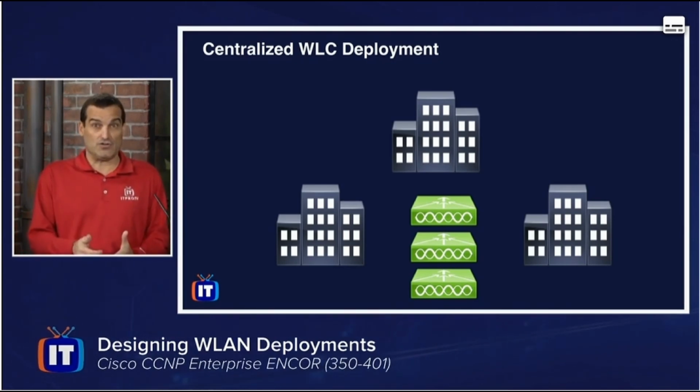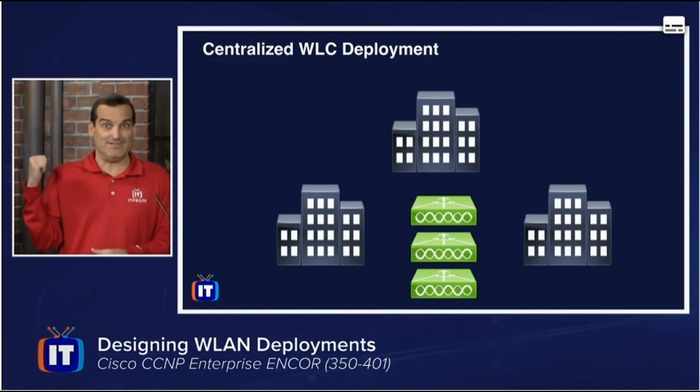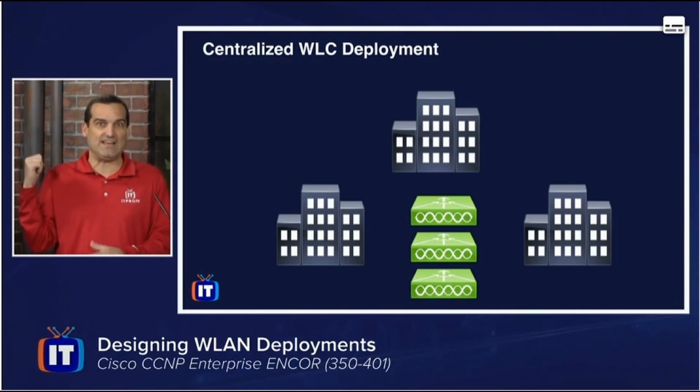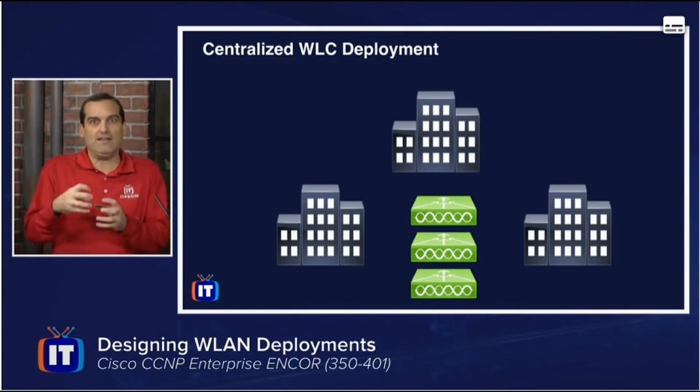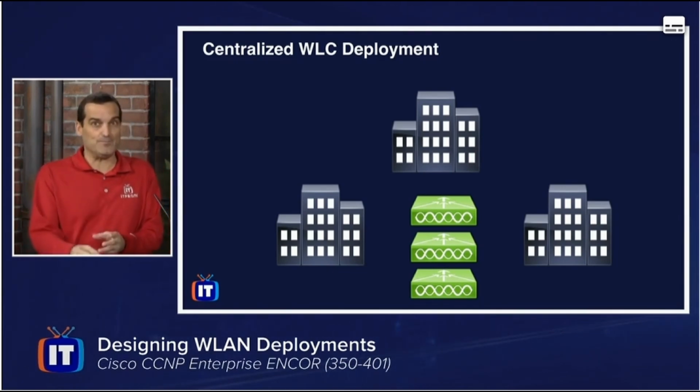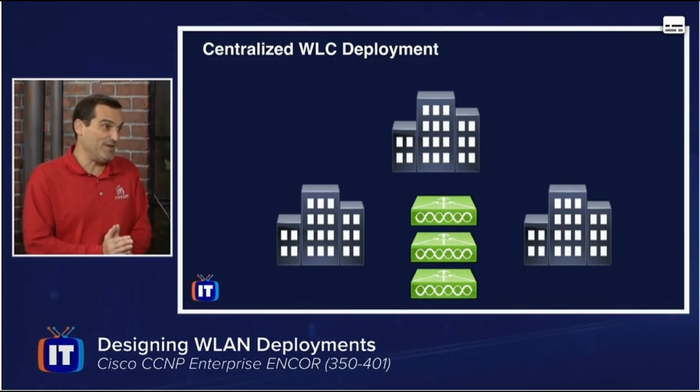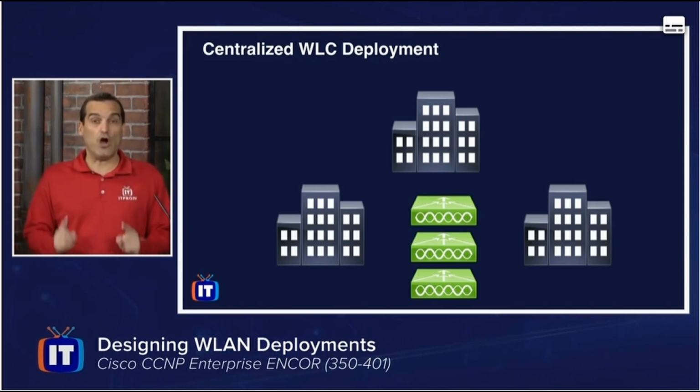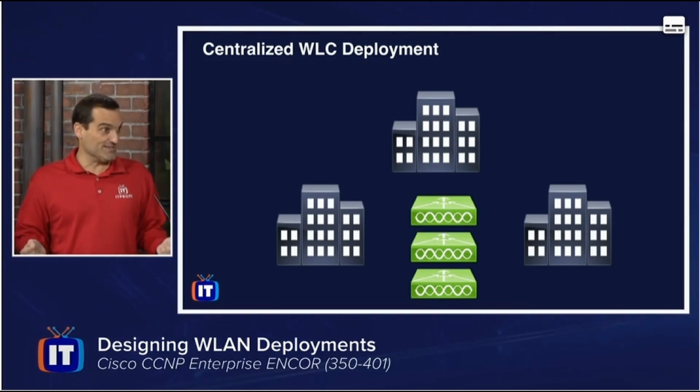The wireless LAN controllers may be in the next server closet over from where I'm sitting, so we have this great ability to manage them. The big thing we have to watch out for and accommodate is, where are the CAPWAP tunnels now? Well, they're going from the buildings where those APs are distributed back to the centralized wireless LAN controllers.